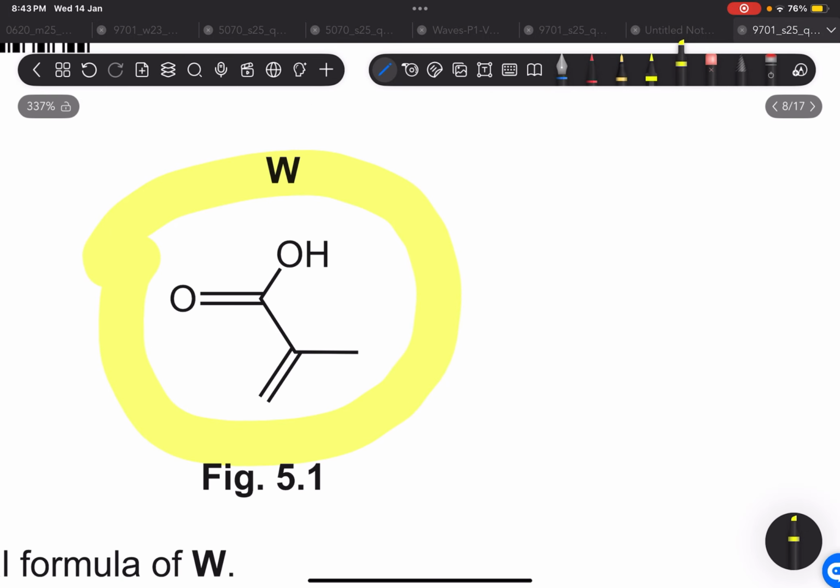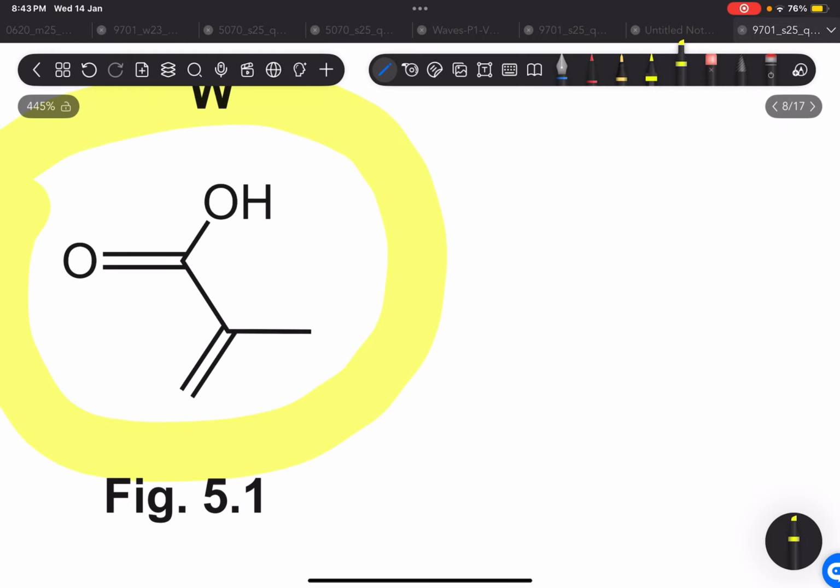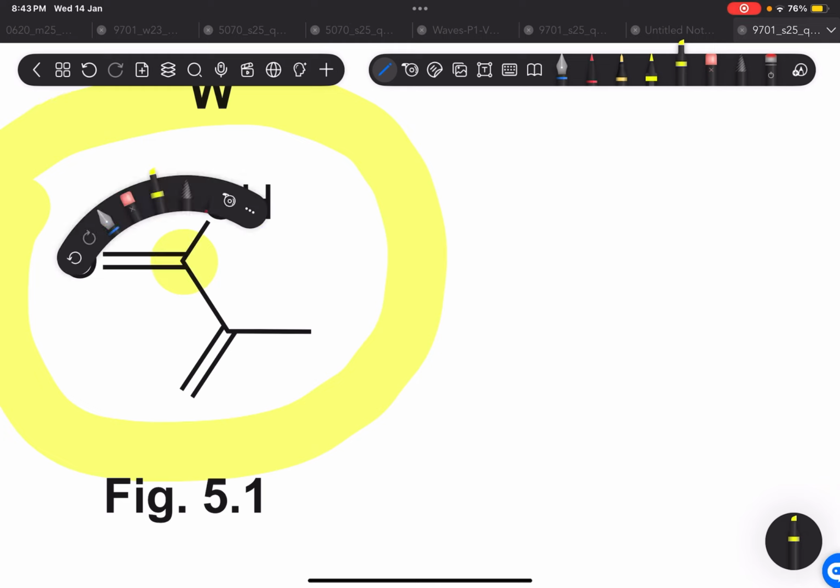So over here as well, it's all about hard work. You've got to figure out the number of carbon atoms and then the number of hydrogens over here. So I can see one carbon right here, one carbon right here, one carbon right here and one carbon right here.